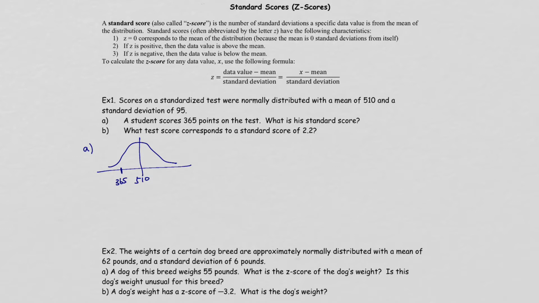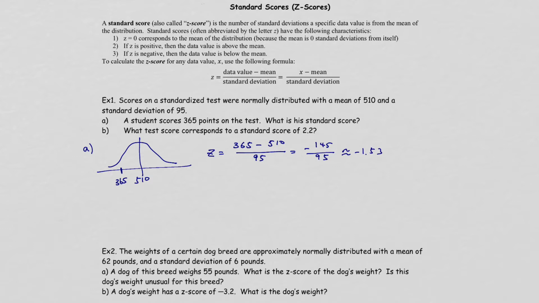Well, we are going to use the formula. So we will do the data value minus the mean over the standard deviation. And this gives you negative 145 divided by 95, which is close to negative 1.53.